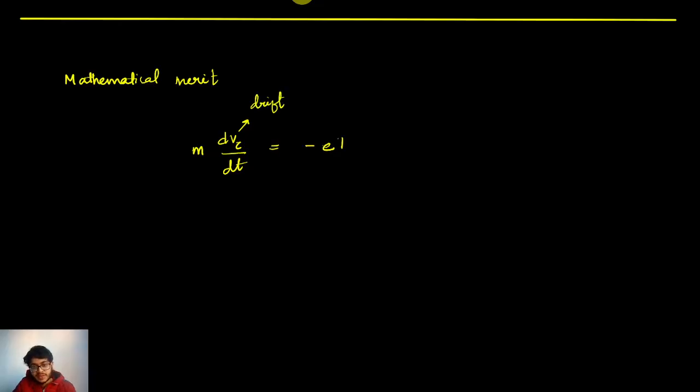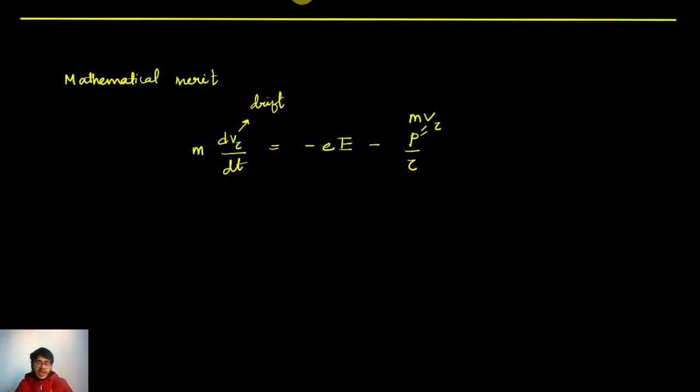So the mathematical merit of Drude's law is the unified equation of electrons, which was more or less given as m dv/dt, or let's say this is the drift velocity, equals minus eE minus m v by tau. So as we can see, it was p by tau, or m v by tau.